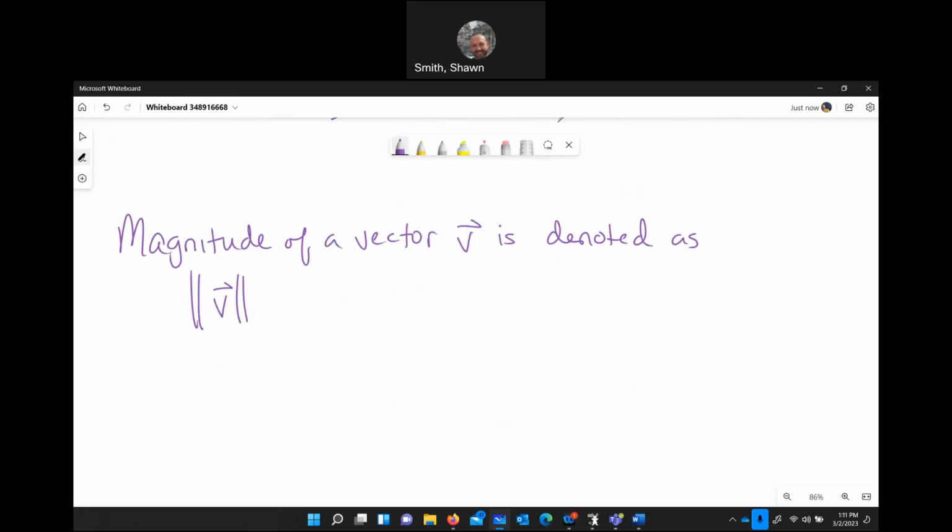And we saw magnitude earlier before, right? That was in polar coordinates, right? We used r. R was the distance between the pole to the point, right? That was also called magnitude. That's the distance, right? So it's the length of the vector.